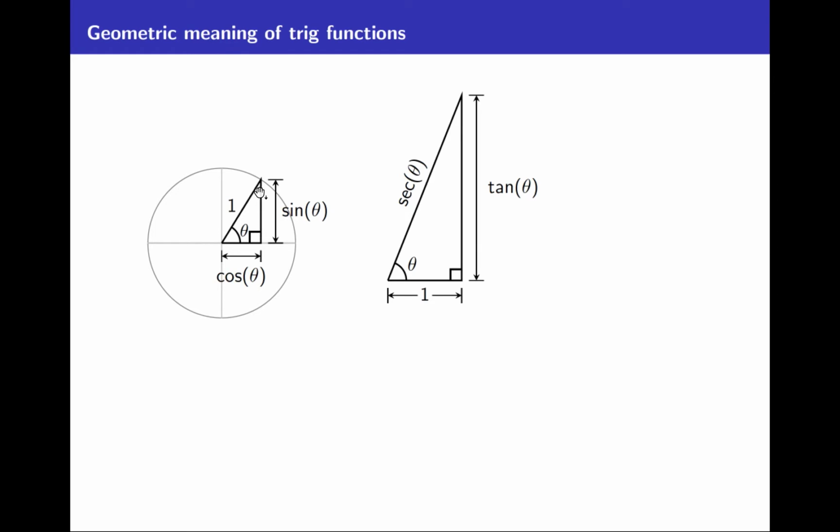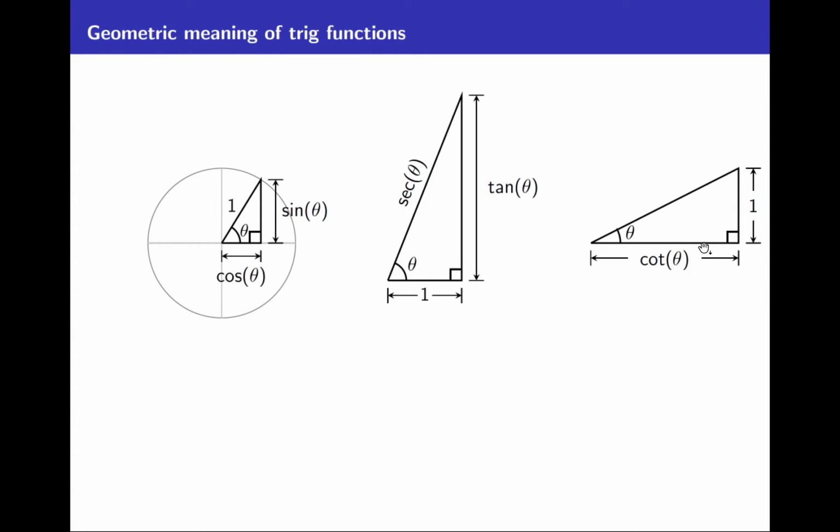Let's see, we've got a triangle whose hypotenuse is 1, a triangle whose adjacent side is 1. Think about a triangle whose opposite side is 1. Now, in this triangle, adjacent over opposite is adjacent over 1. So that ratio is just adjacent. But also the adjacent side divided by the opposite side is cotangent.